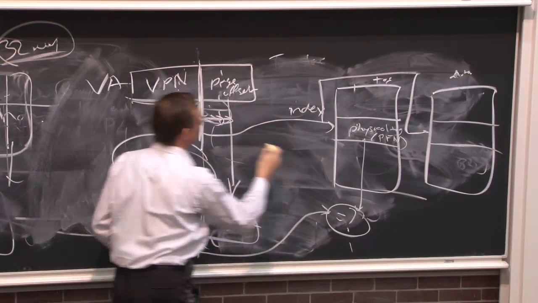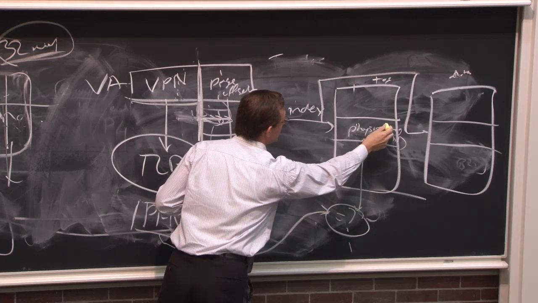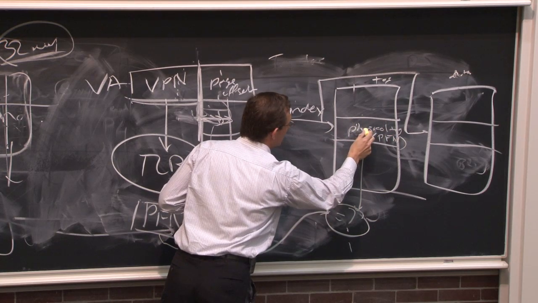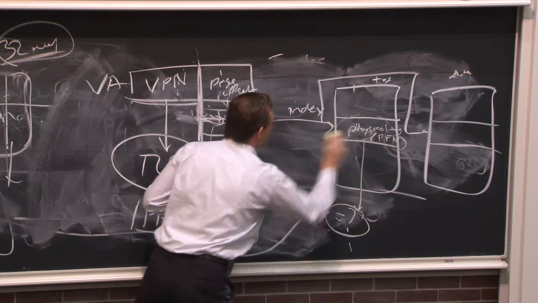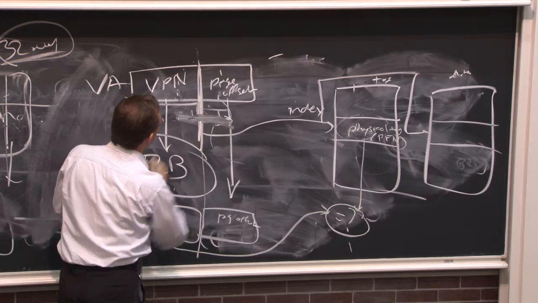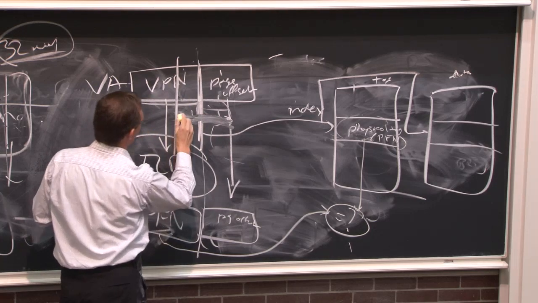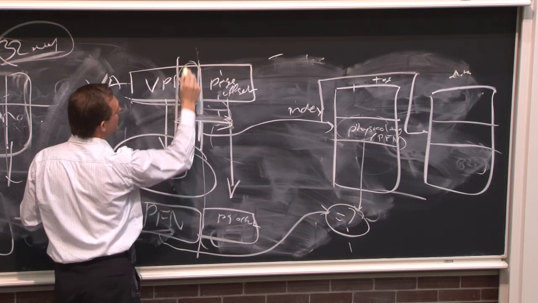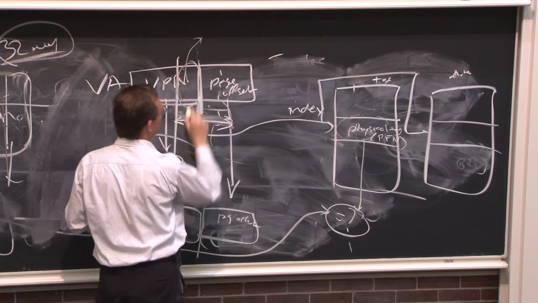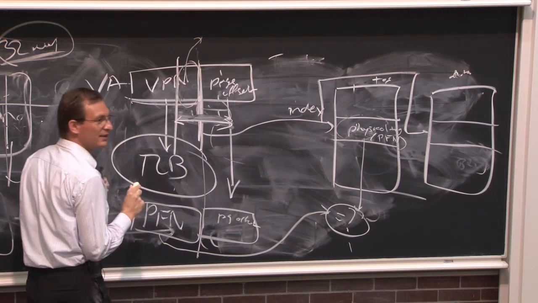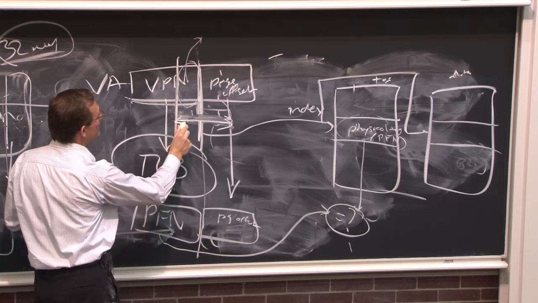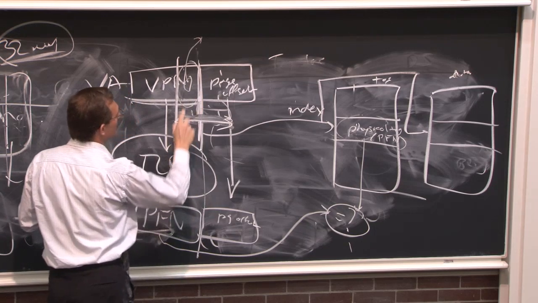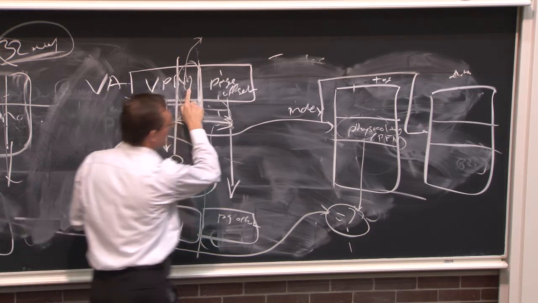Your physical address, a physical block, can be in only one location. Now the problem is if your index actually crosses this boundary, if you use some of the bits from the virtual page number to index into your cache, now what happens? Let's say you use 1 bit from here.